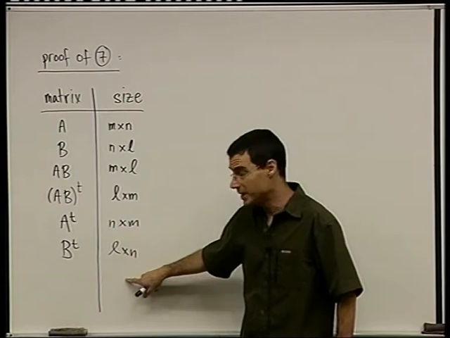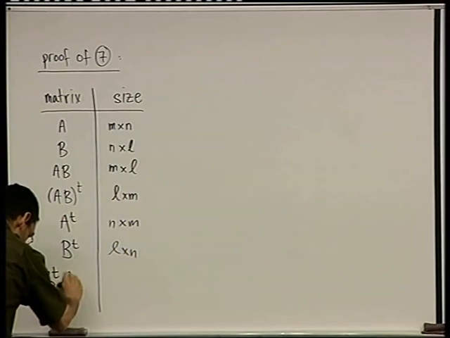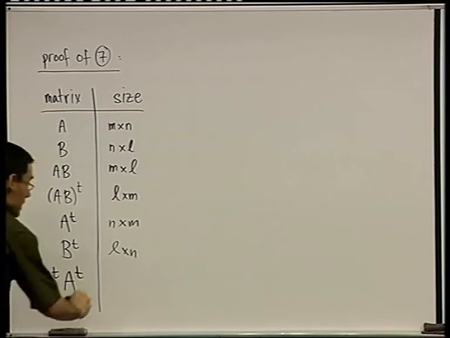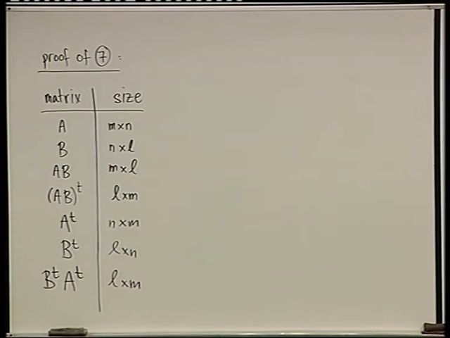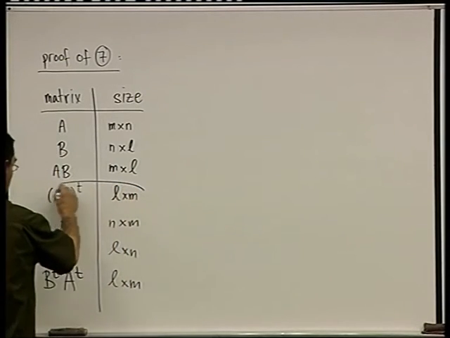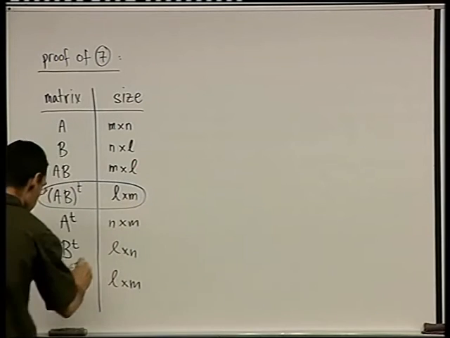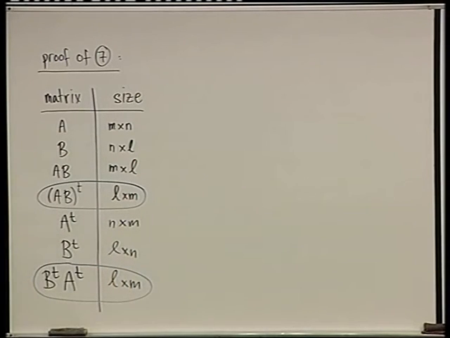It won't even be defined the other way. And the size of B transpose times A transpose is indeed L by M. Do you agree? And therefore they match. So the two sides of the equality that we're trying to prove indeed match in terms of sizes. So in terms of the dimensions, we're good.